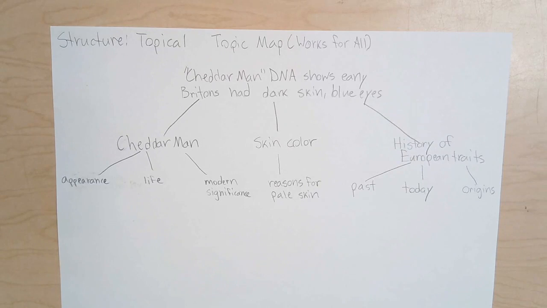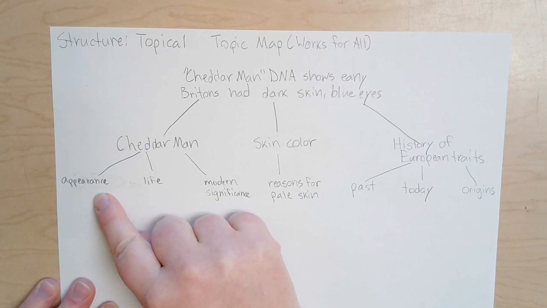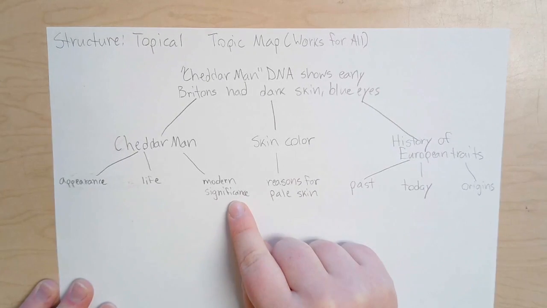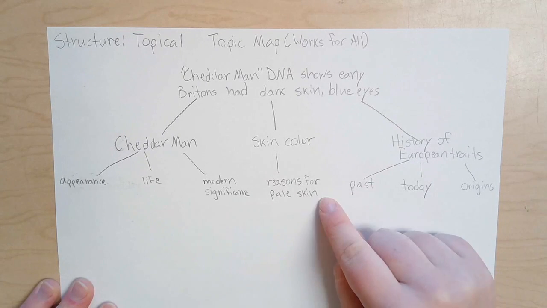So after looking back at the article again, I decided that the 3 main things they talk about with the Cheddar Man are his appearance, what he looked like, how he lived, and then why he is significant even today, or in modern times. With skin color, they didn't really talk about it much beyond just 1 paragraph, and I think specifically they talk about the reasons why people developed pale skin, because originally everybody had dark skin.